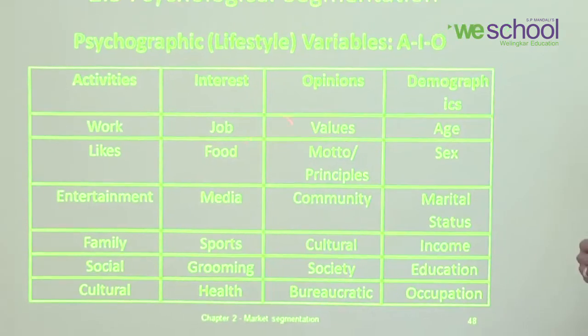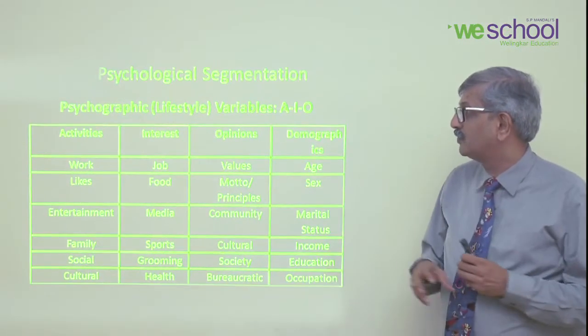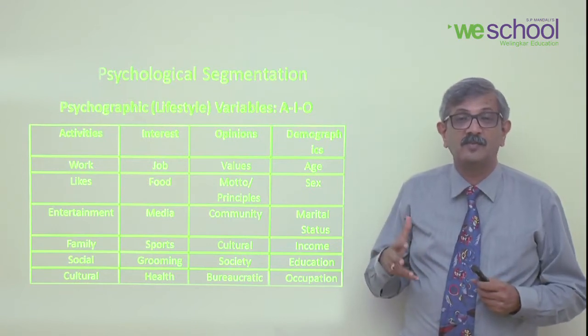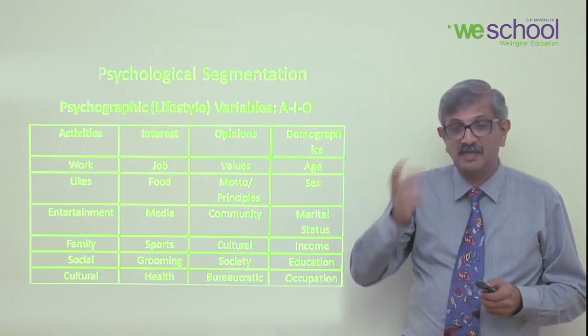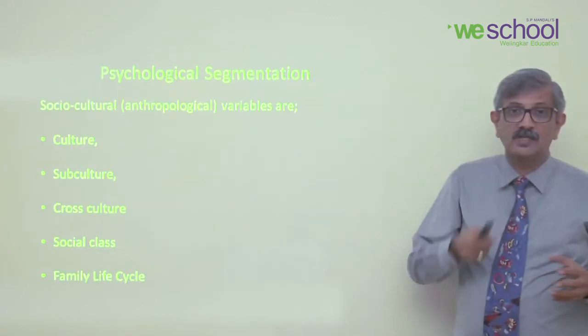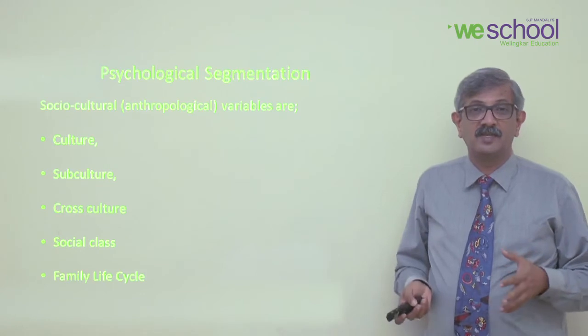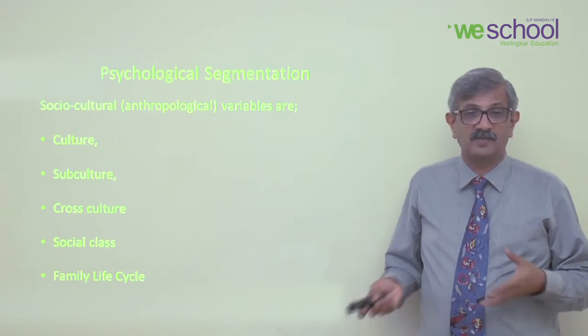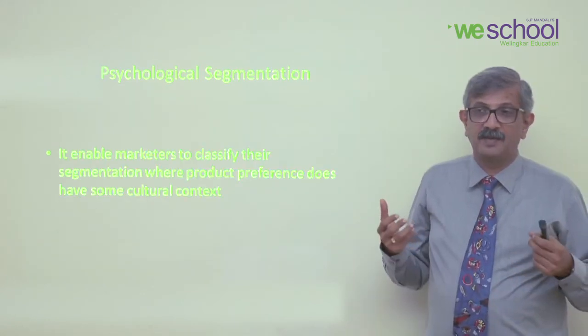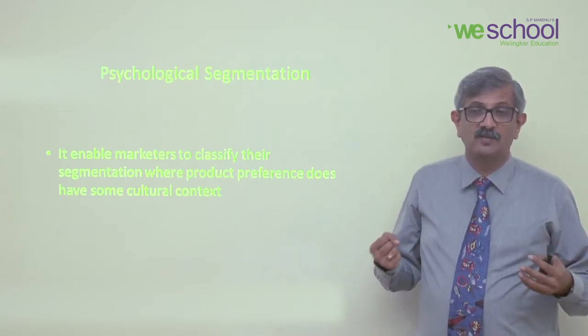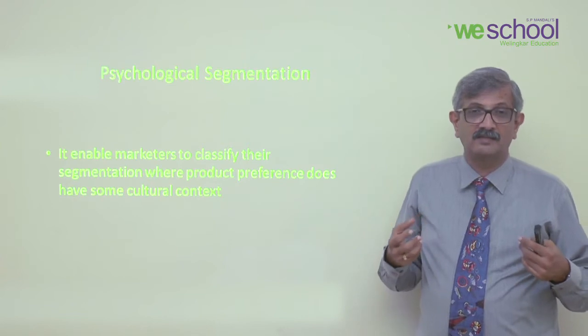So a few of these with demographics give you psychographics, with the demographic being woven into it, which makes your segmentation very powerful. Socio-cultural, also known as anthropological variables, are culture, subculture, cross-culture, social class, family life cycle. People in a certain cultural context will have certain choices for products.